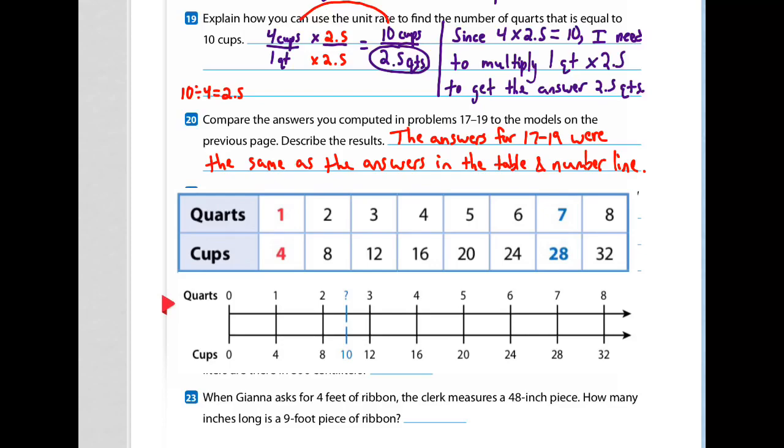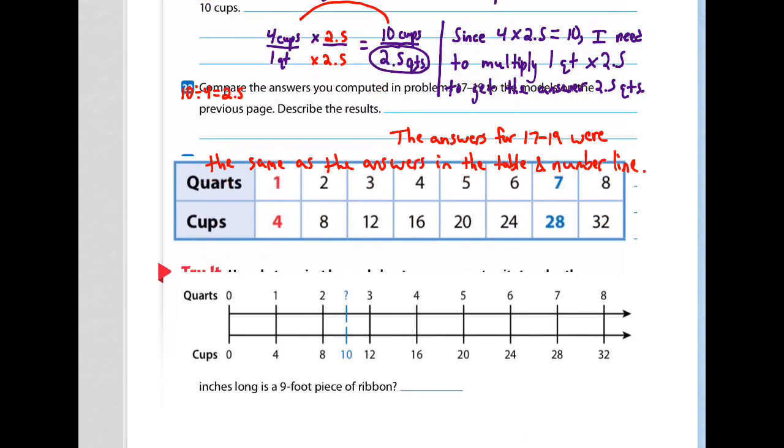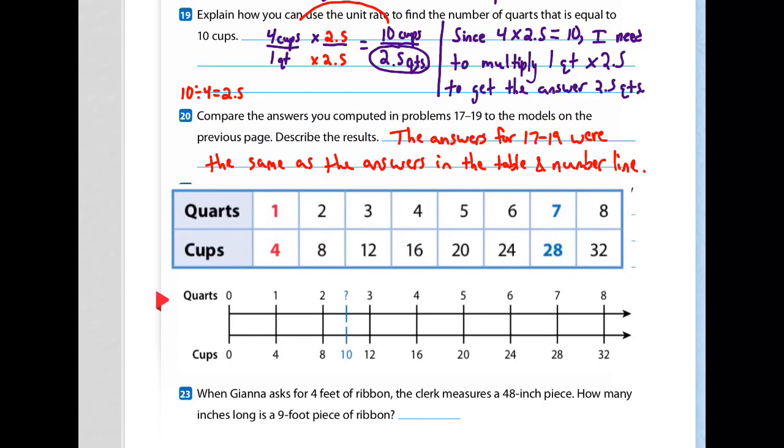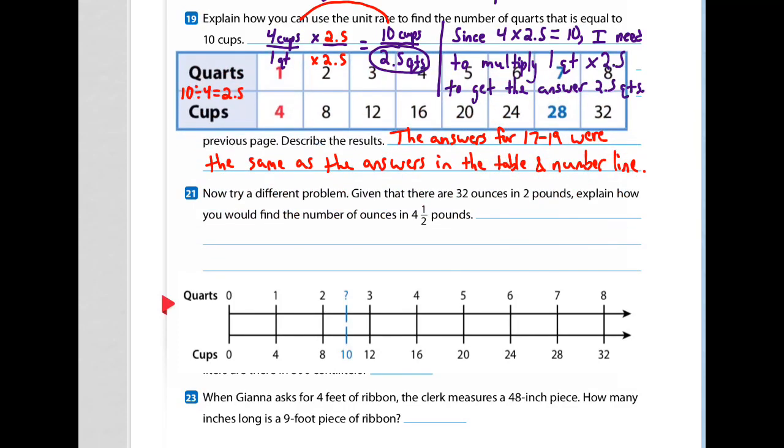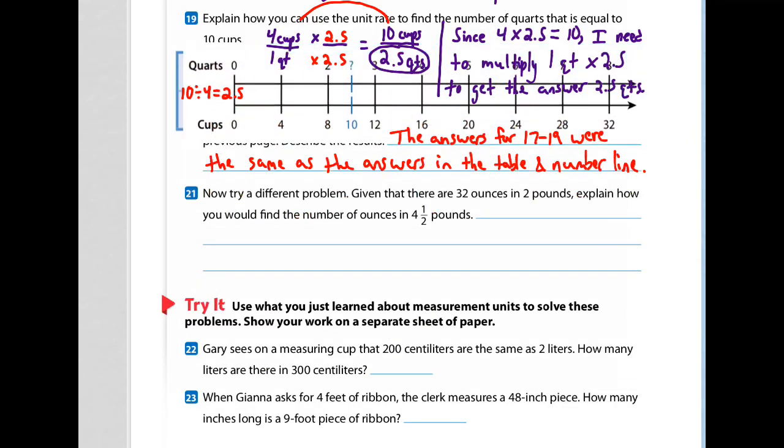All right, now let me move this. Oops, sorry, I'm messing everything up. Okay, let me move this up here, and let me move this up here. All right, number 21 says, now try a different problem. Given that there are 32 ounces in 2 pounds, explain how you would find the number of ounces in 4.5 pounds.